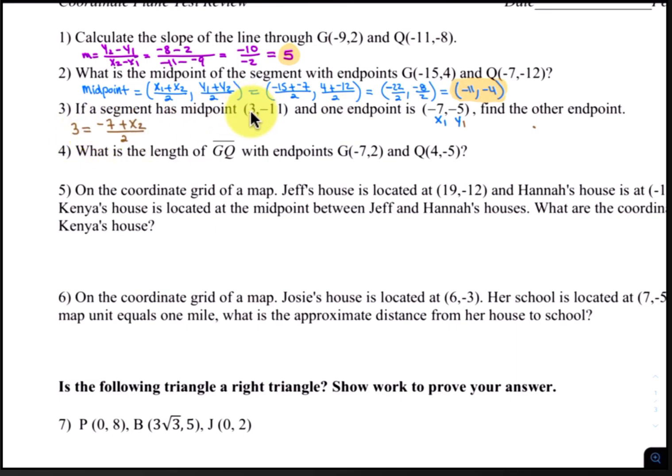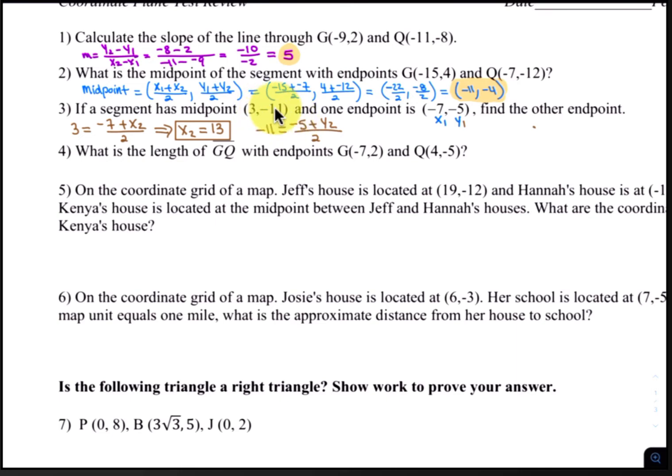The 3 is the x-coordinate of the midpoint. So we would say 3 is equal to -7 plus x2 divided by 2. If we multiply by 2 on both sides, that gives us 6 equals -7 plus x2, and then we add 7 to the 6. So x2 would be 13.